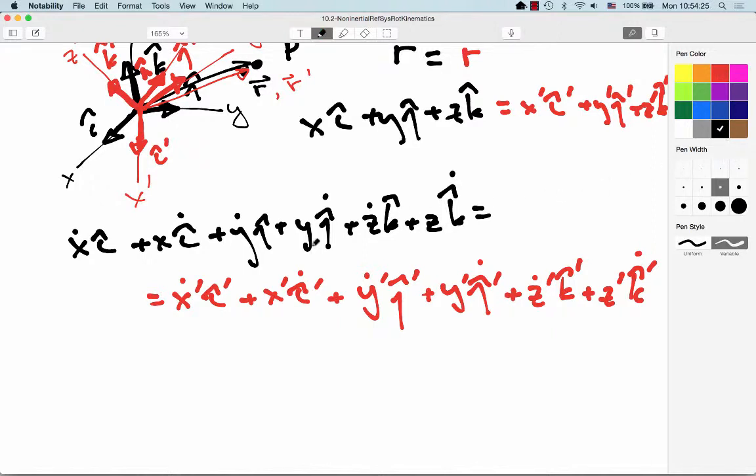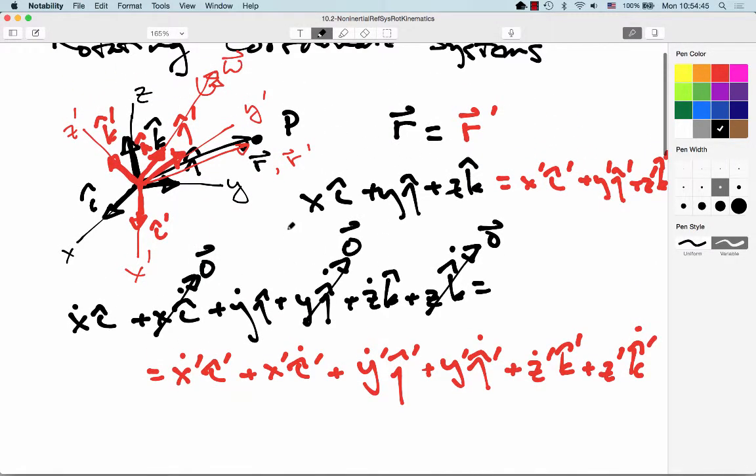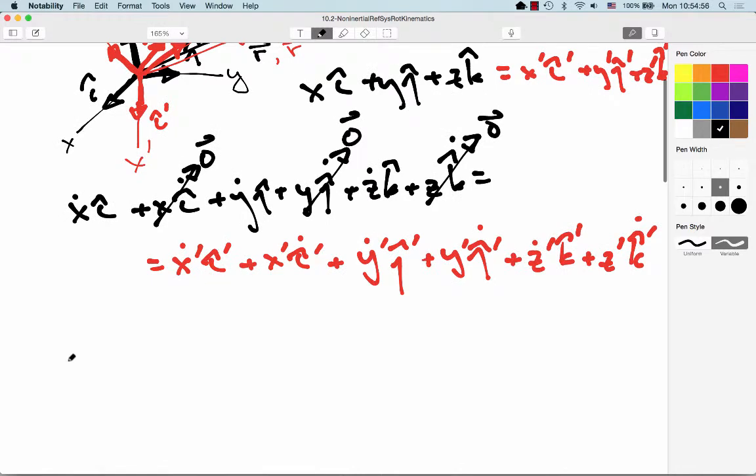Okay, now in the inertial frame, we're fortunate. The unit vectors never move, so the derivatives of them are all the null vector. That's good. Unfortunately, in the rotating frame, the unit vectors are moving around, so they do indeed have a velocity. We can collapse this down a little bit. We look at this much and just say, oh, this is the velocity. That's good.